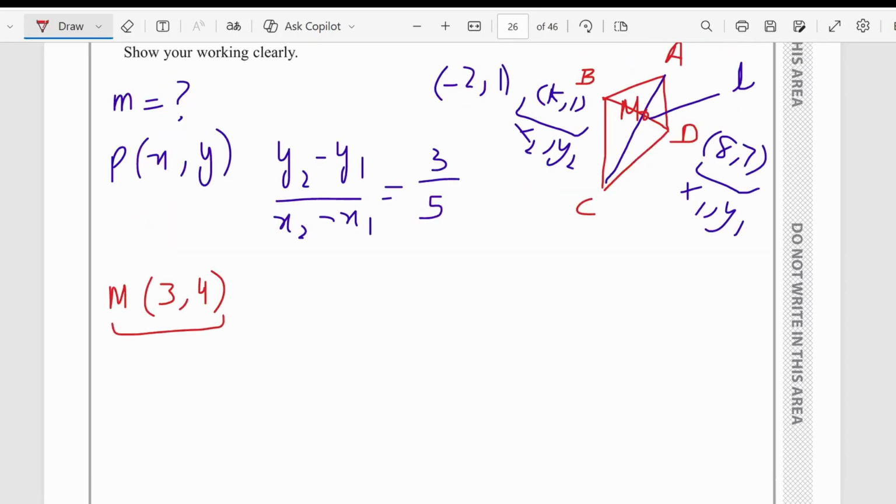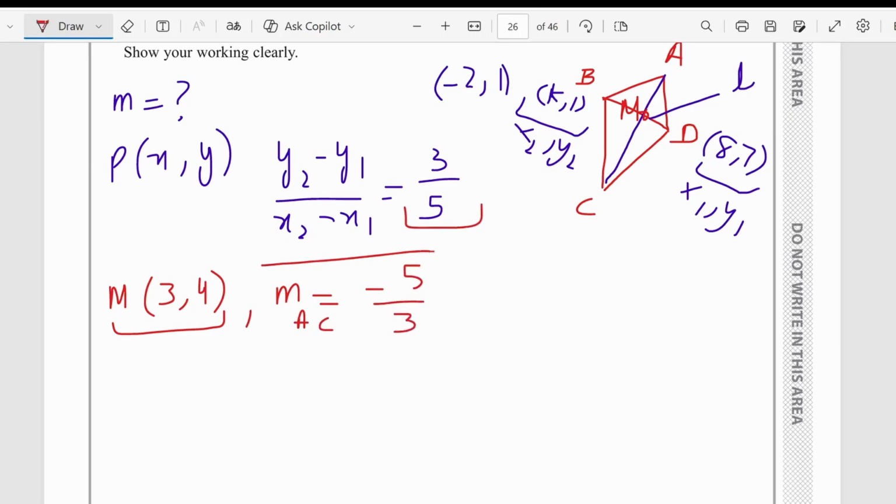Now we have the point M, the midpoint on AC, (3, 4), and we need the gradient. As we know that AC and BD are perpendicular, the gradients are negative reciprocals of each other. The gradient of BD is given to us, so the gradient of AC would be the negative reciprocal of that, which is minus 5 over 3.